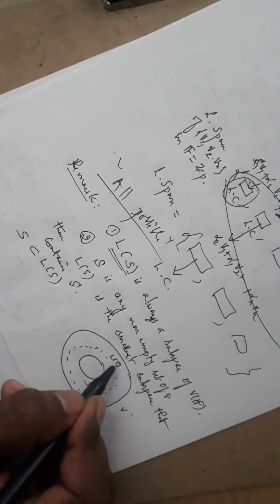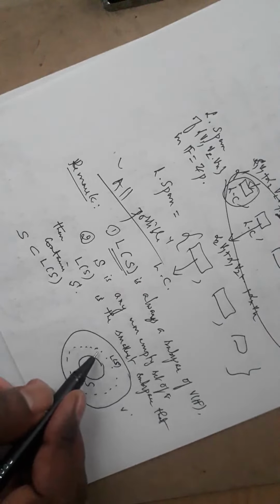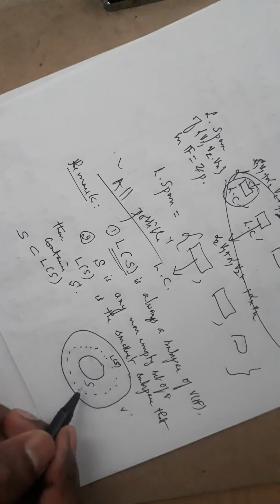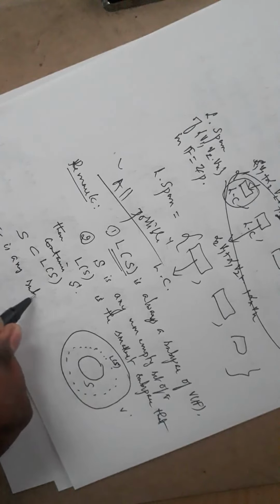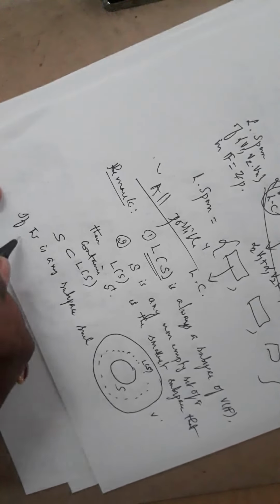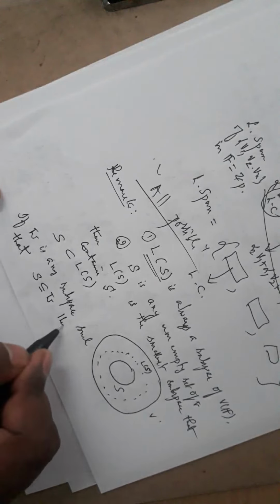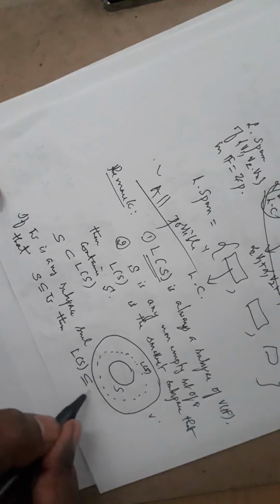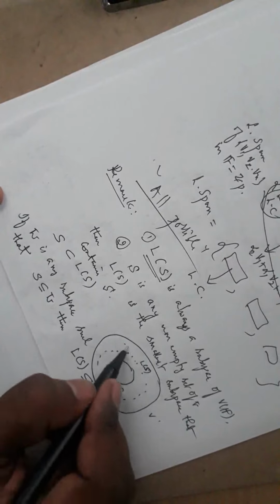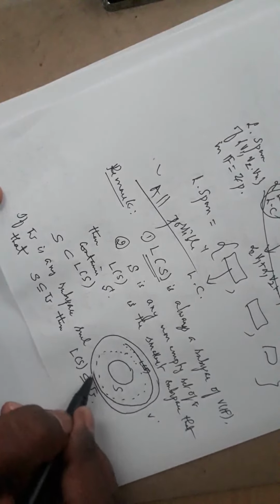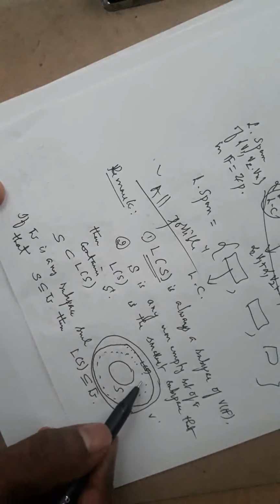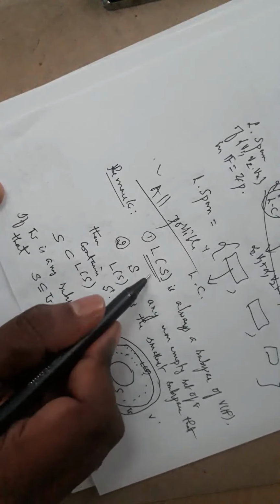This is L of S, and L of S is the smallest subspace that contains S. That means if W is any subspace such that S is contained in W, then L of S is contained in W. This will be W. So S is a subset, L of S is a subspace, it's always a subspace.